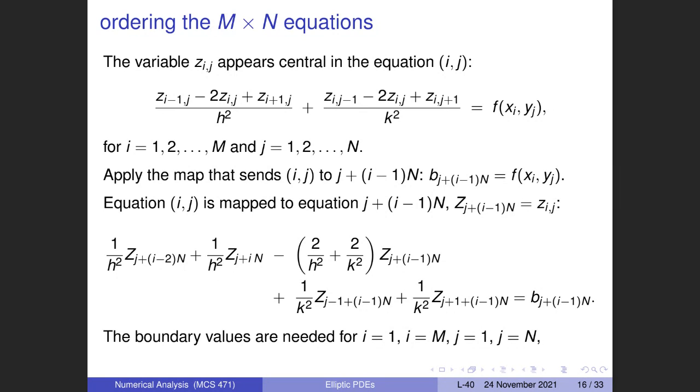It might seem subtle if you look at these formulas, but we have the little z, and then we have the capital Z. Here you see the one-to-one correspondence. For every pair i, j, we have a unique index. And the big Z will be our long vector, which is the x in the system Ax equals b. You see the b is already coming in here. The right-hand side comes in.